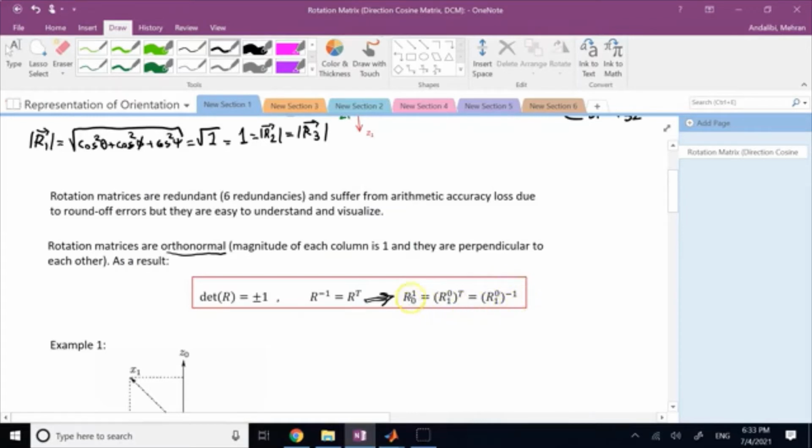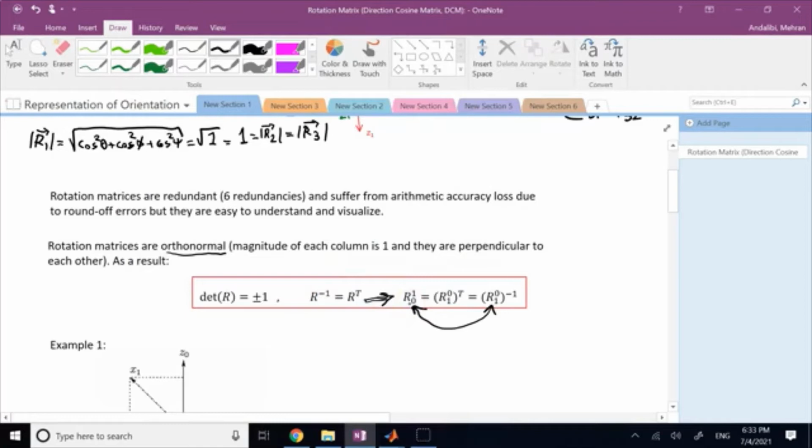Okay, so this one takes you from 0 to 1, this one takes you from 1 to 0, and you can show that these two operations are like inverse functions. They are inverse of each other. So this one is the inverse of the other, but since the inverse is the same as transpose, instead of inverting it, I'm going to transpose it. And you're going to see this is very useful later when I come and solve problems for you.